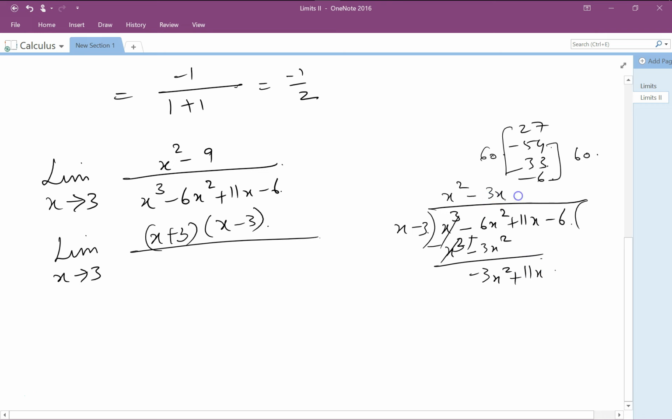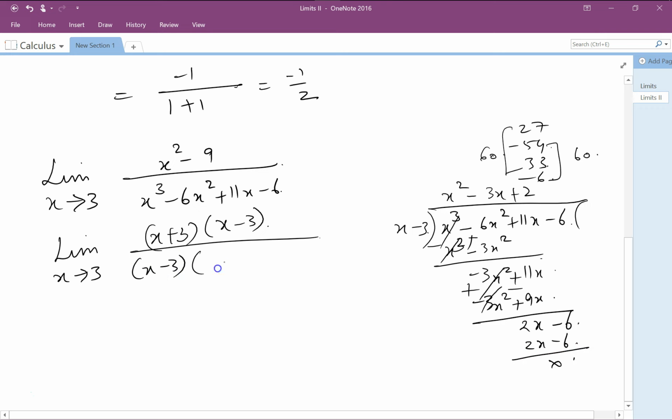Then minus 3x square plus 9x, leaving 2x minus 6, plus 2, 2x minus 6. So that means x minus 3 is one factor, and x square minus 3x plus 2 is the other.